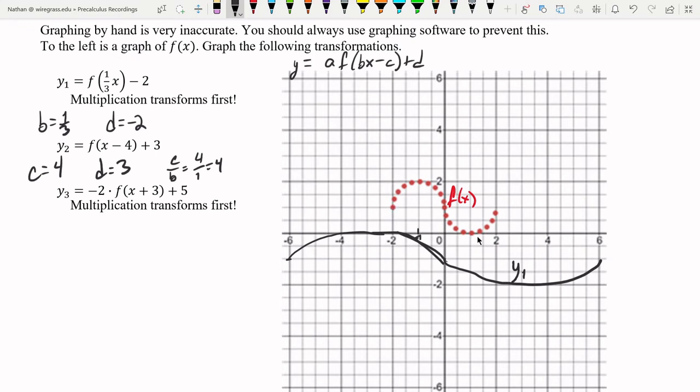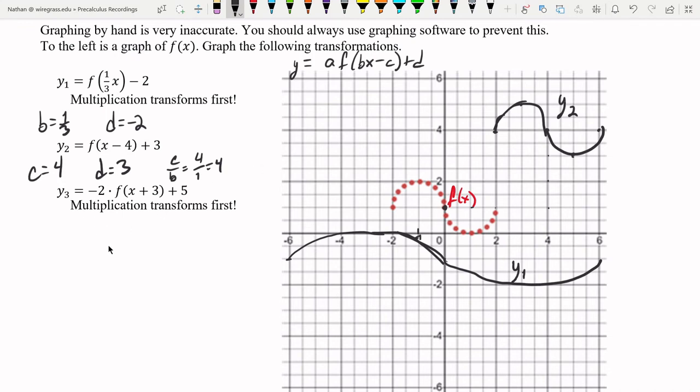So the same shape, I'm going to look at this central point here, shifted right 4 units, so we have 1, 2, 3, 4, up 3, 1, 2, 3. And then it's going to have the same basic shape as it had. Something like that. So this is y2.